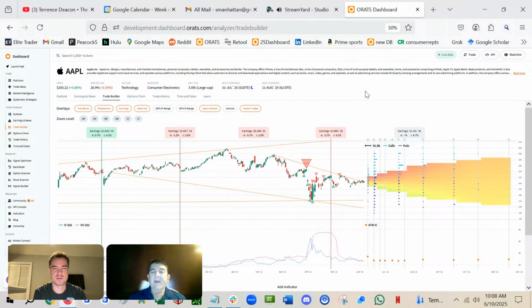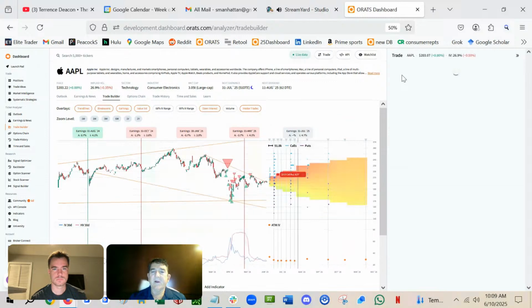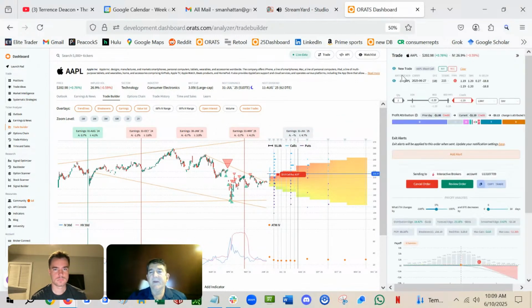Yeah, I mean, it's definitely something to consider when you're trading, and you want to get as many things in your favor as possible. So if you were to click on one of these calls, for example, and click on the bid on that, then it'll put a sell in there, and you want to get as many things in your favor as possible.